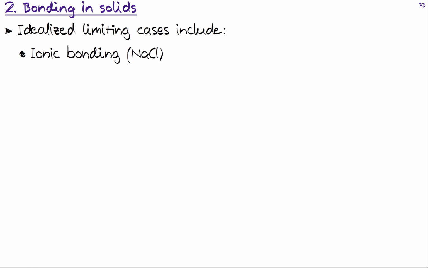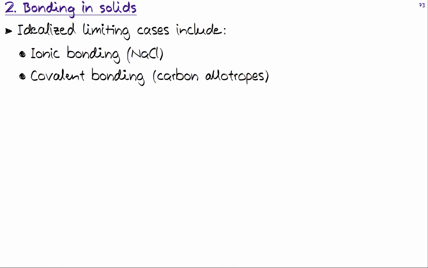That's a classical example that we have salt, a classic example of an ionic solid. On the other hand, we also may have covalent bonds, and their examples are the numerous carbon allotropes: graphite, graphene, diamond, carbon nanotubes, fullerenes, and so forth.